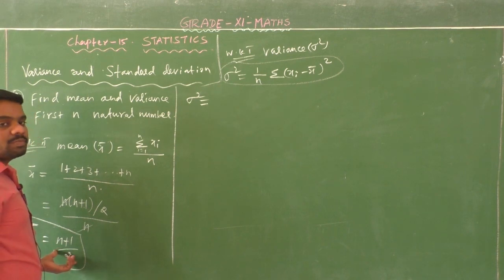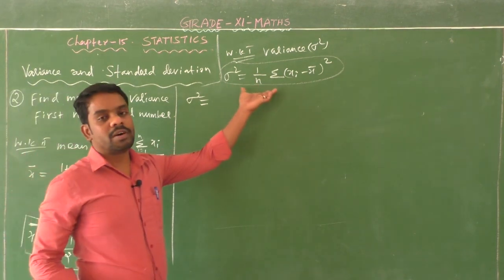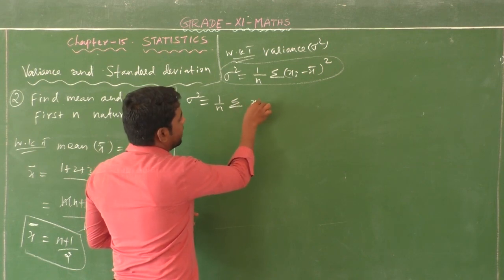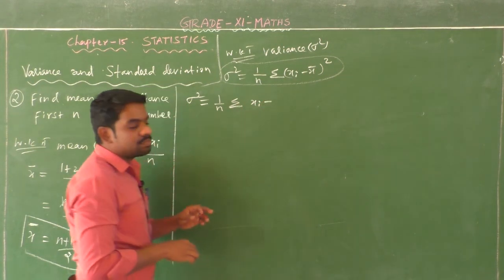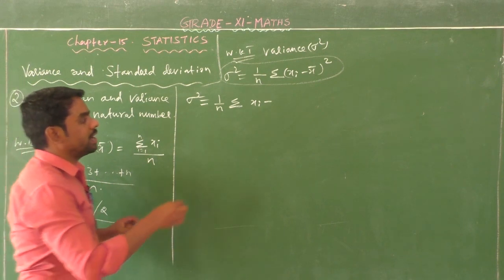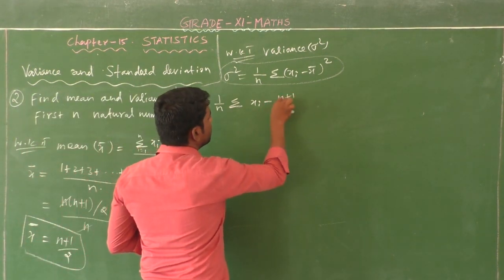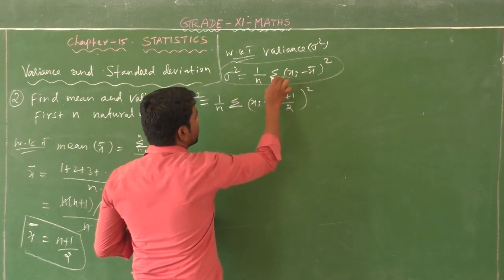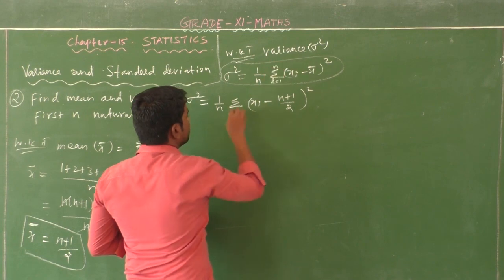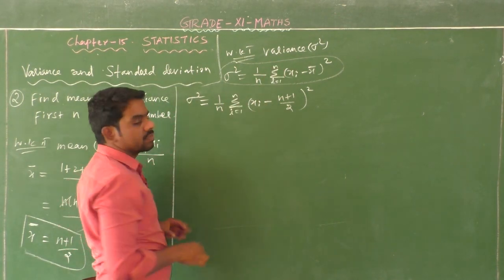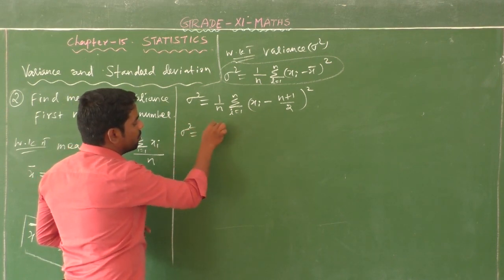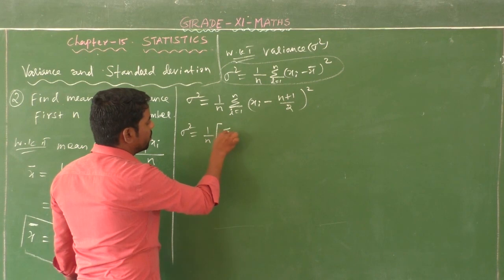Substitute this value in the formula. So 1 by n summation of xi minus n plus 1 by 2 the whole square, with i equal to 1 to n.